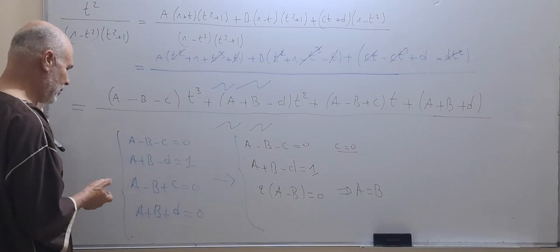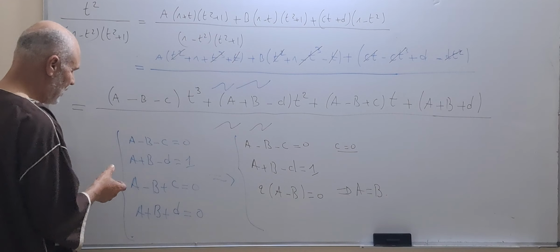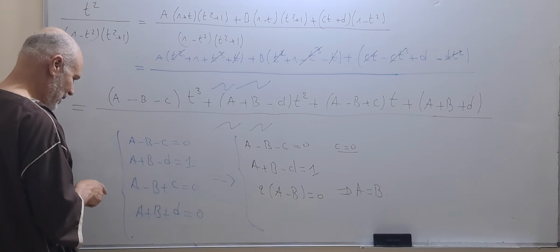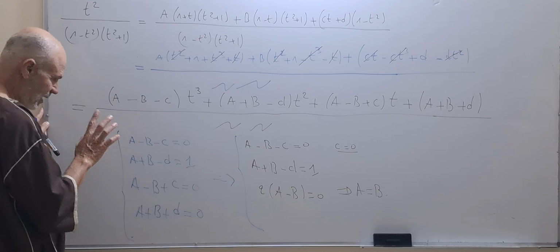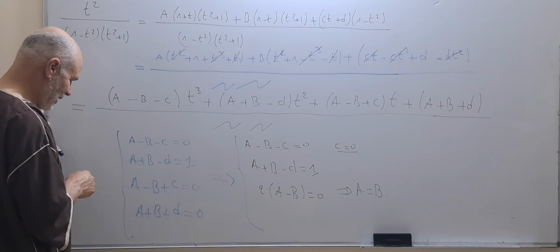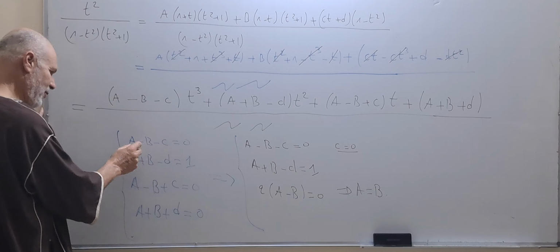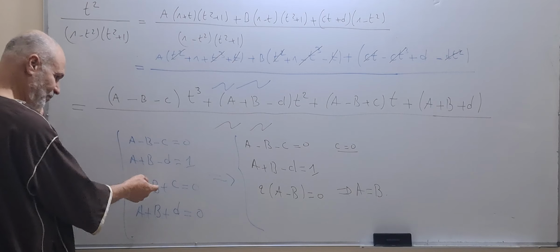This means A equal to B. If A is equal to B, this means that C is equal to 0. Okay, I think that it seems that it is good.